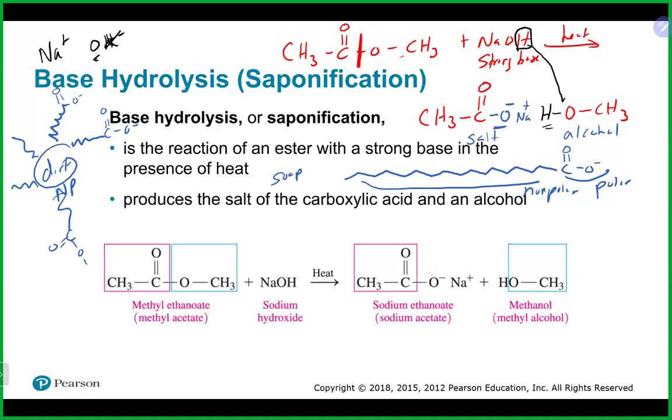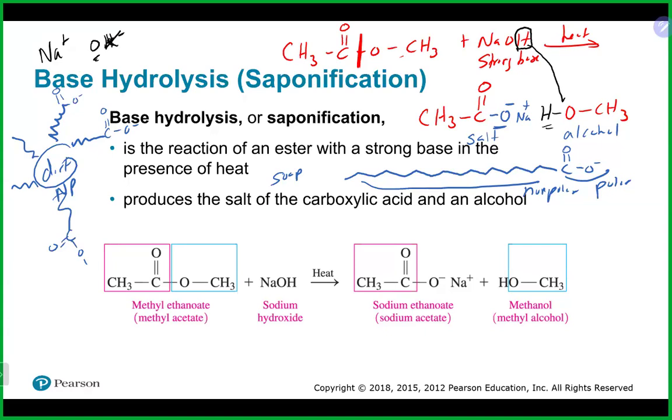Typically if you use soap, you wash it off with water, which is polar, right? So when you wash it with water, the outside part of soap is going to be attracted to water. It's going to mix really well. Inside is the trapped dirt. You're clean now. Good to know how soap works, I suppose. And now you're nice and clean.